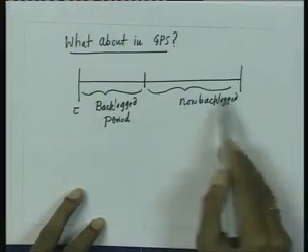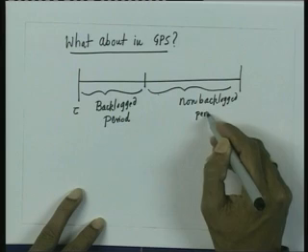Now as we had asked the question, what about the fluid flow fair queuing algorithm or the GPS server? We see that in the GPS server, the session will either be in the backlogged period or in the non-backlogged period.